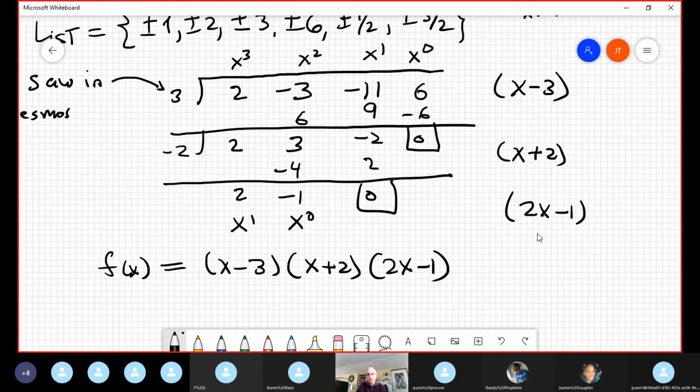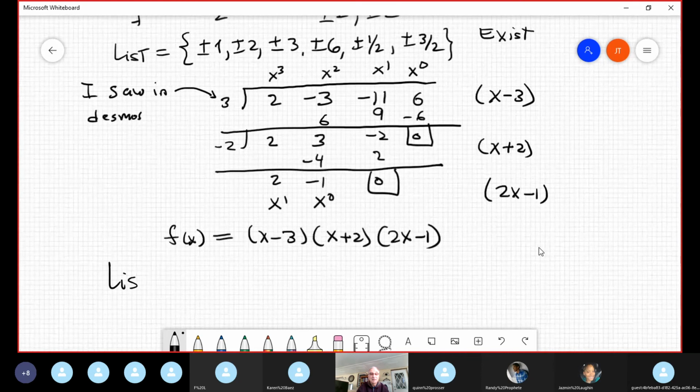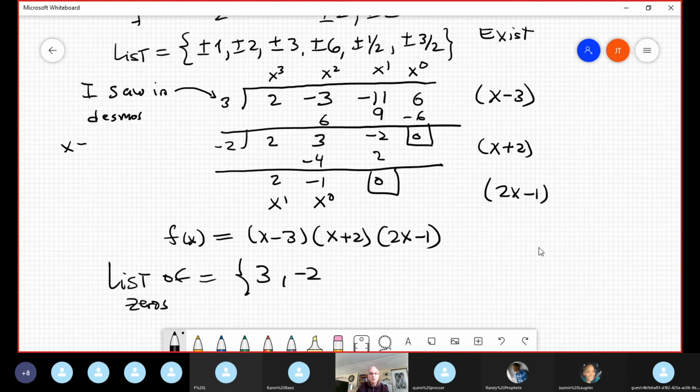Okay, I understand that. However, what are the zeros, in general, real zeros? Well, positive 3, look at that, and negative 2. When you take x minus 3 equal to 0, x is 3.